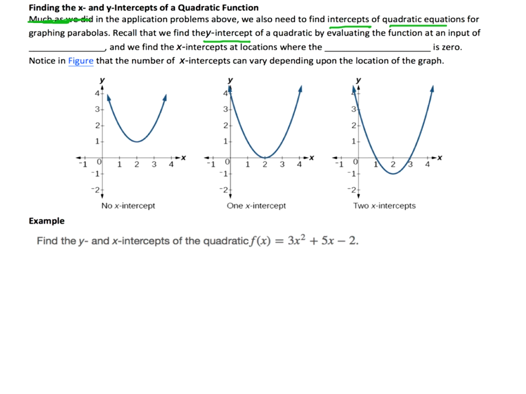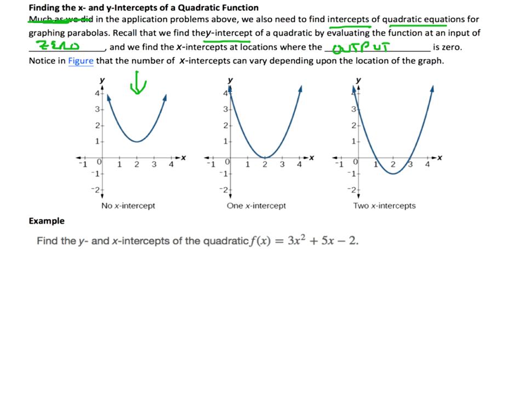Recall that we find the y-intercept of a quadratic by evaluating the function at an input, so an x value of 0, and we find the x-intercept at locations where the output is 0 as well. So to find intercepts, you always plug in 0 for the opposite coordinate of what you're looking for.